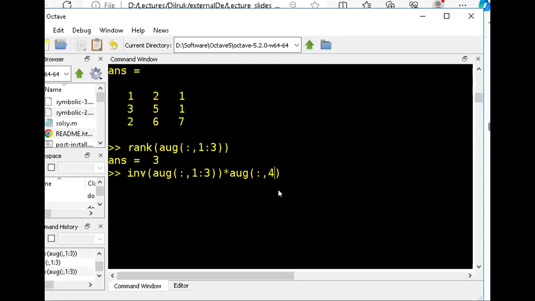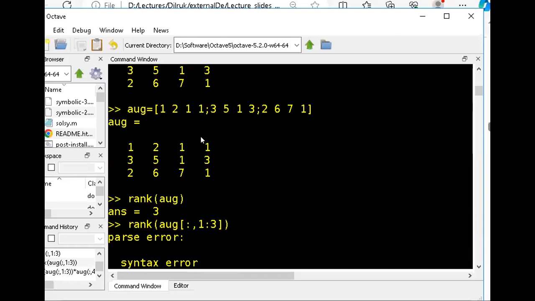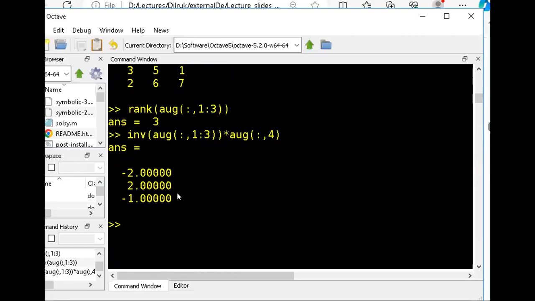This is the solution to this system, because this is the augmented matrix. The augmented matrix consists of the coefficient matrix and the right hand side, and because this is full rank, this is invertible, so we can find the unique solution.